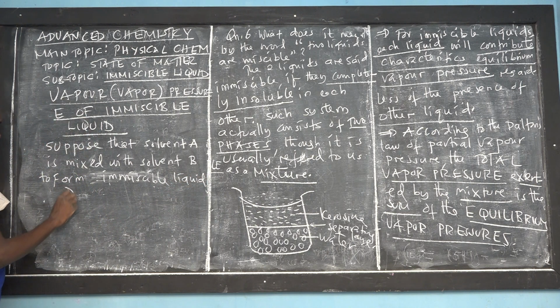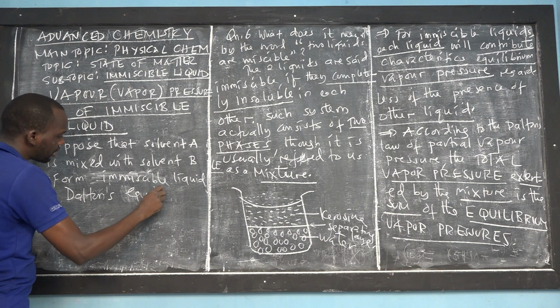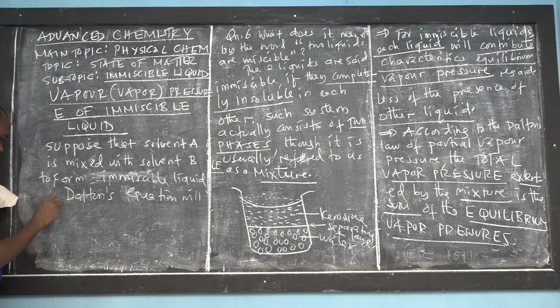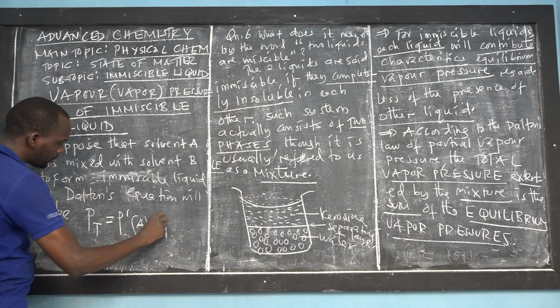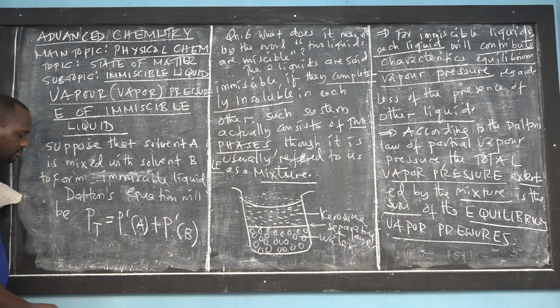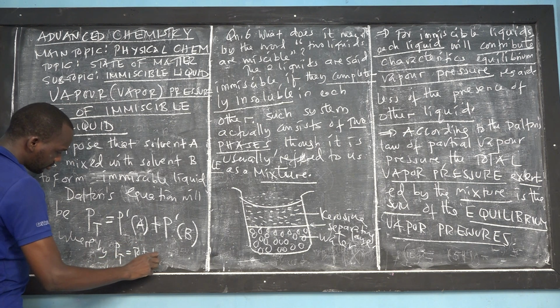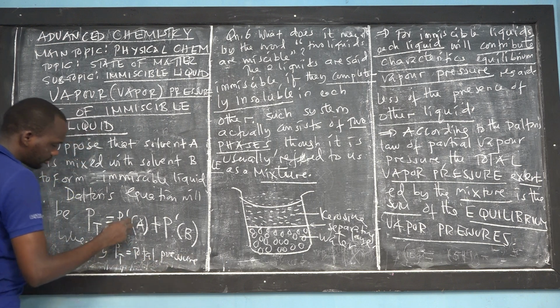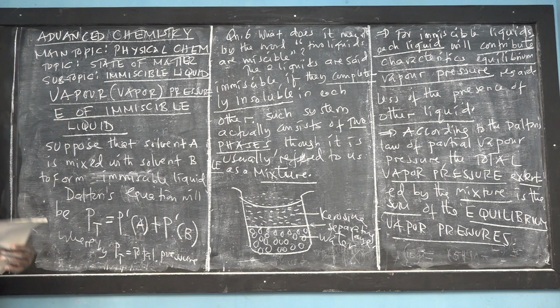Then Dalton's equation will be in this form: the total pressure is equal to the partial pressure of solvent A plus the partial pressure of solvent B. Remember that this is the total pressure, and this is the partial pressure for pure solvent A, and this is the partial pressure for pure solvent B, right?